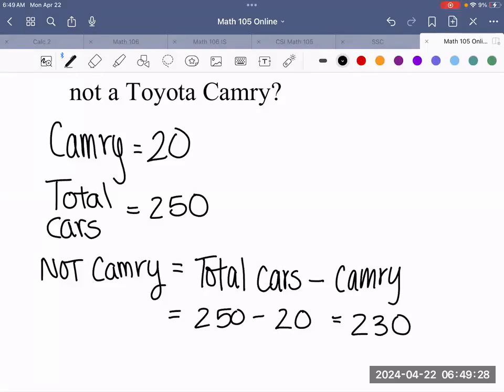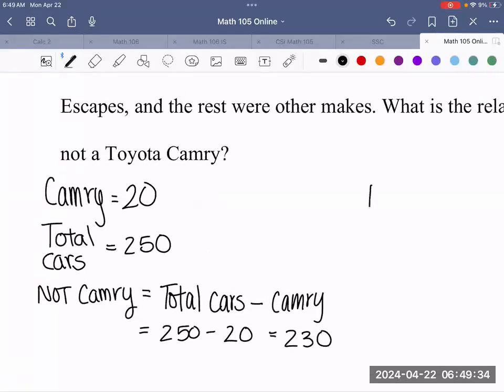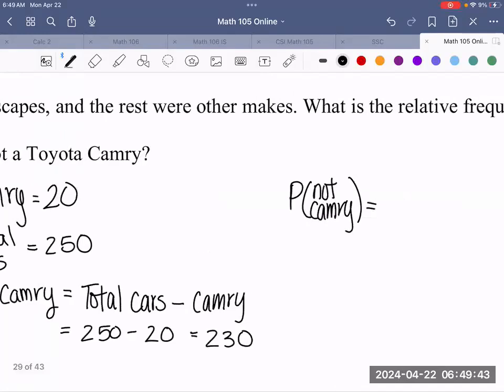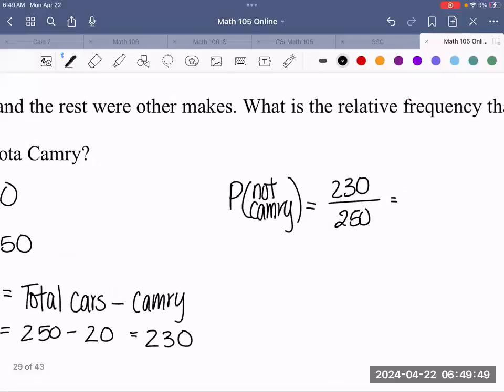So then what is the probability that it's not a Camry? Well, we can take your 230 and divide it by 250, or 92%.